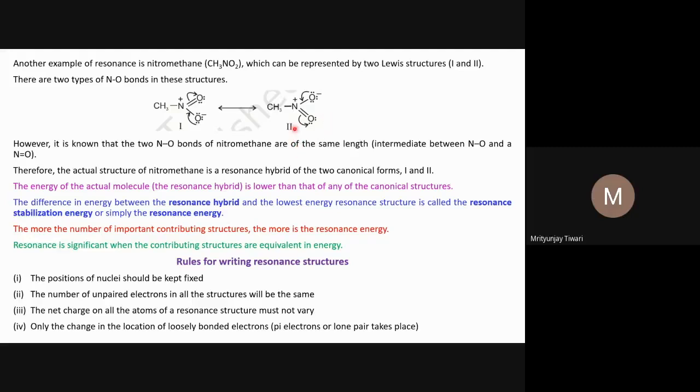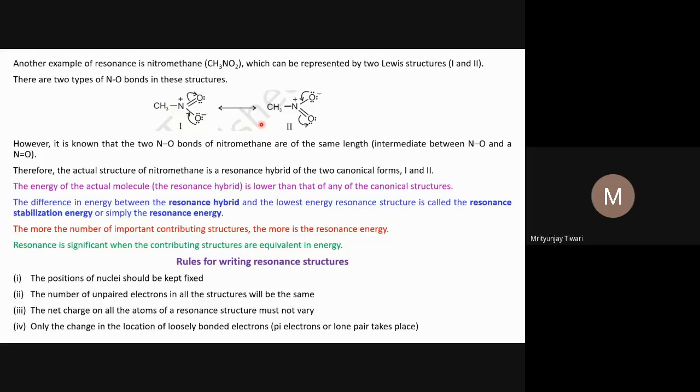So if you look at the structure or the multiplicity of the bond, we cannot say any one of these structures is the real structure. Instead, many structures together represent one real structure.